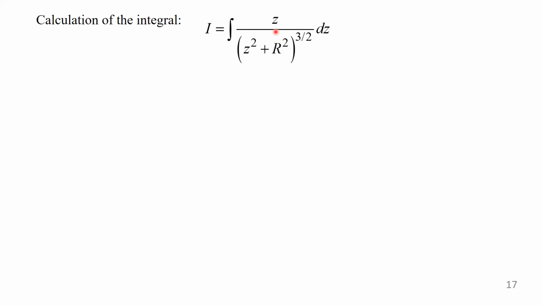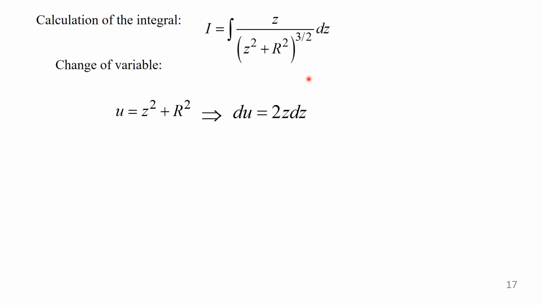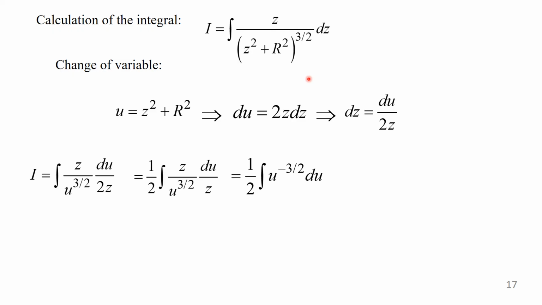When we have this, I mean the numerator is the derivative of the denominator, you always do a change of variable, which is u equals z square plus r square. Now we need dz with respect to du, we differentiate and we get this. We replace in our integral and we get an integral with respect to u, and it's very easy to do.